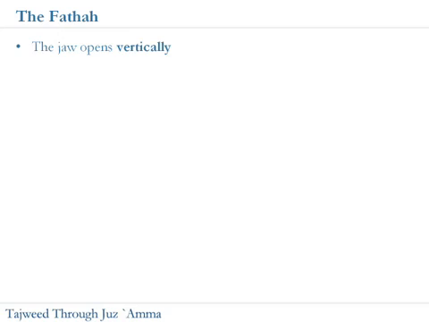With the Arabic we must be very careful that when you say any letter with the fatha, the jaw opens vertically downwards, and it's a bit wider than what you would normally do in English. Now the sound is the a, as in the word cat, if you say the word cat properly in English.